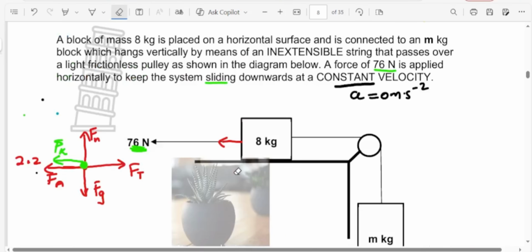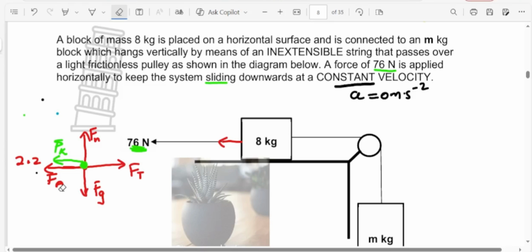This thing is sliding downwards, even though the force applied is applied to the left. It is applied to the left to keep the system sliding down at a constant velocity. So now the frictional force will point in the same direction as the applied force. So now someone will say, hey, they said frictional force always opposes the direction of the motion. Yes, I agree.